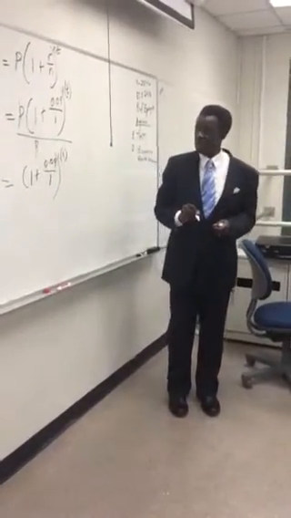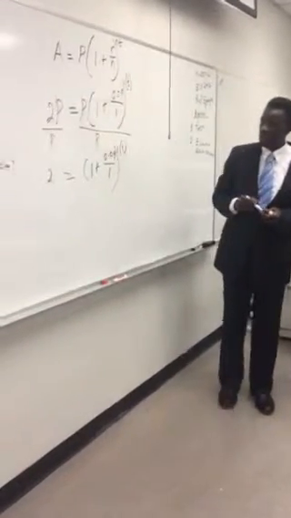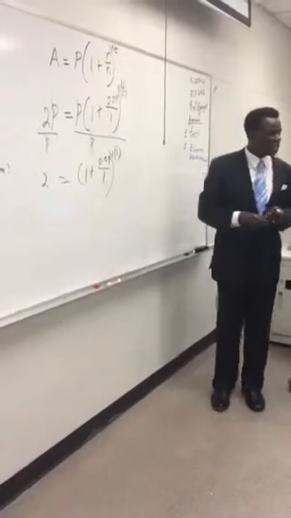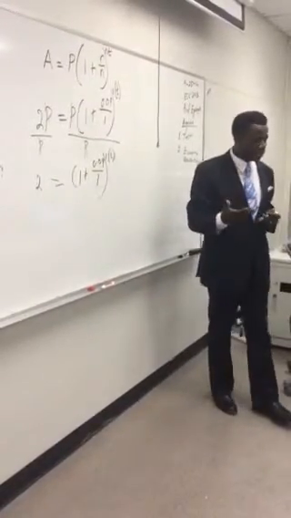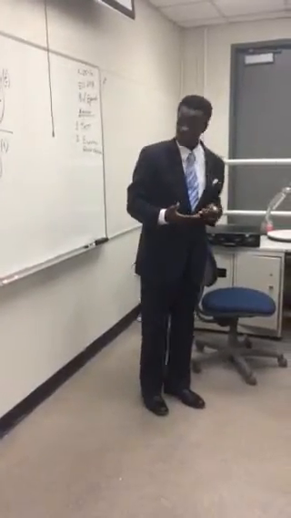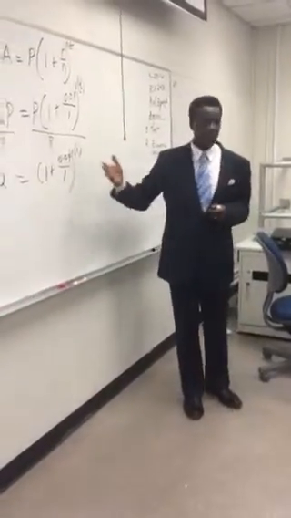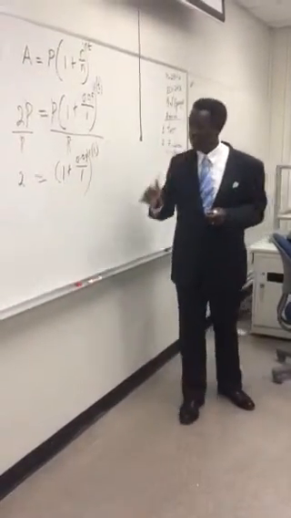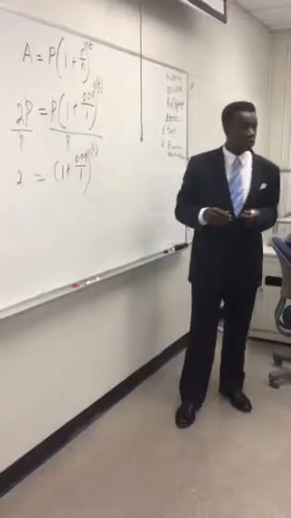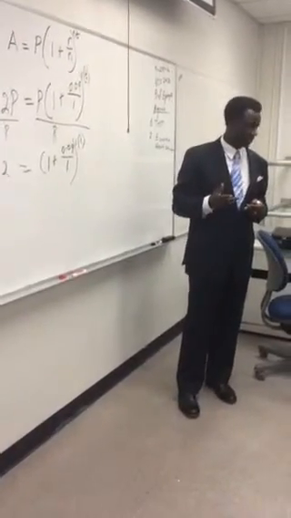Okay, so now we want to solve for t, but t is an exponent. When you have an exponent in an equation, you have to simplify it using the natural logarithm.